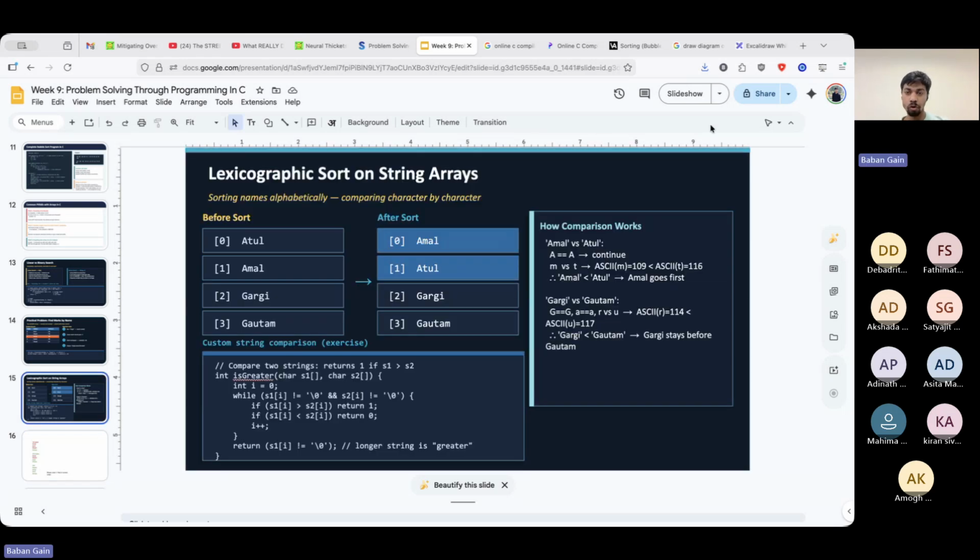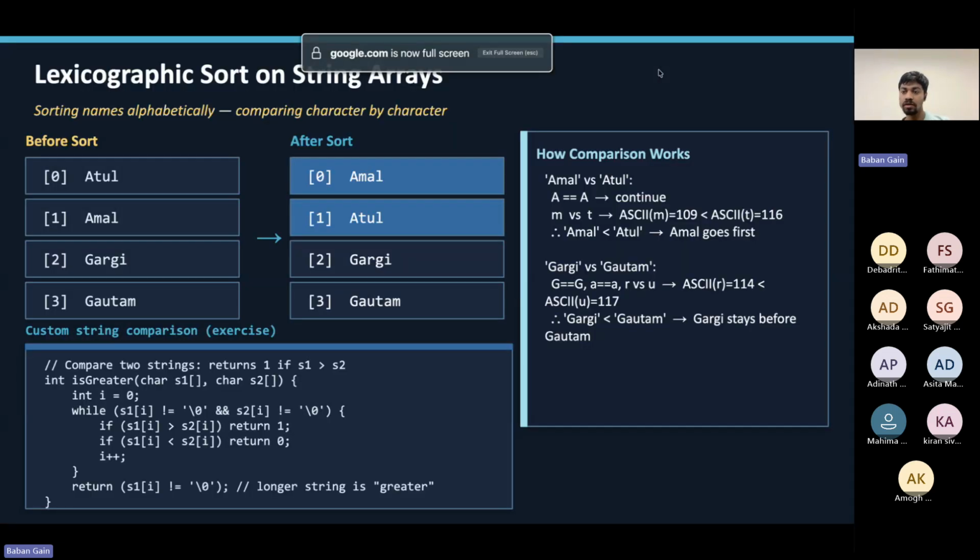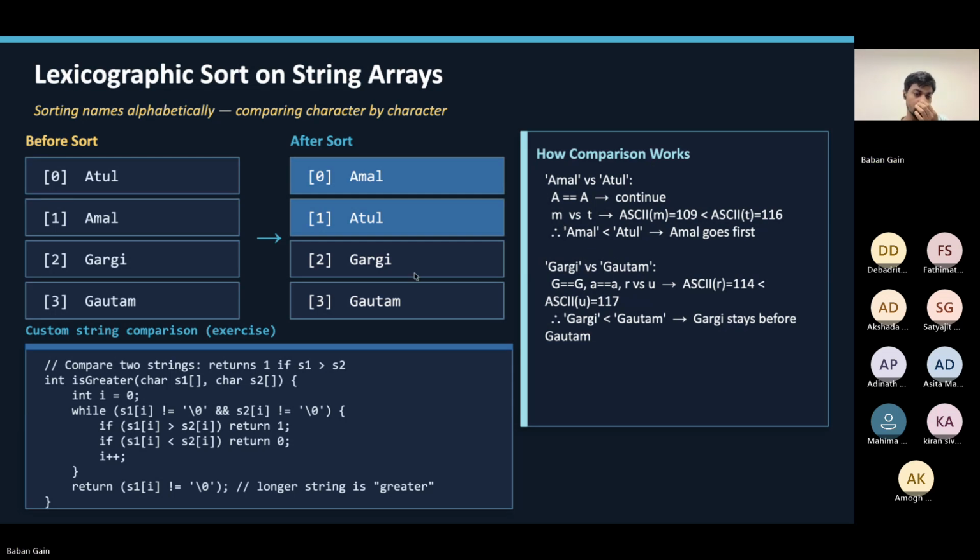So how does the comparison work in C? So here is an example. Let's say you have two strings, S1 and S2, and let's assume that S1 is equal to Amol and S2 is something else. So what will we do? We'll go through each of the elements.